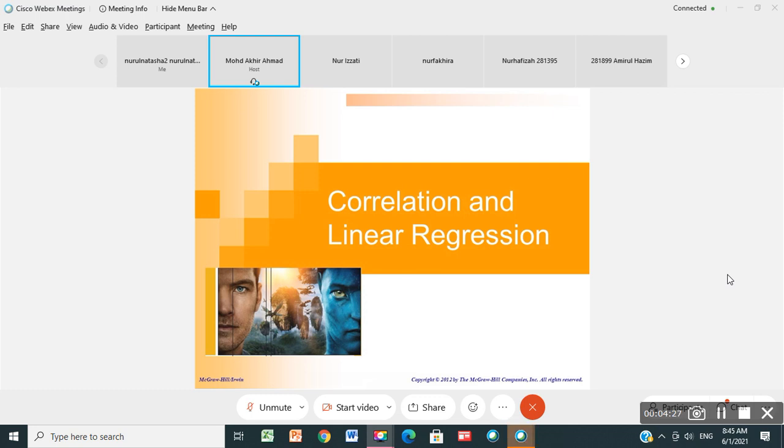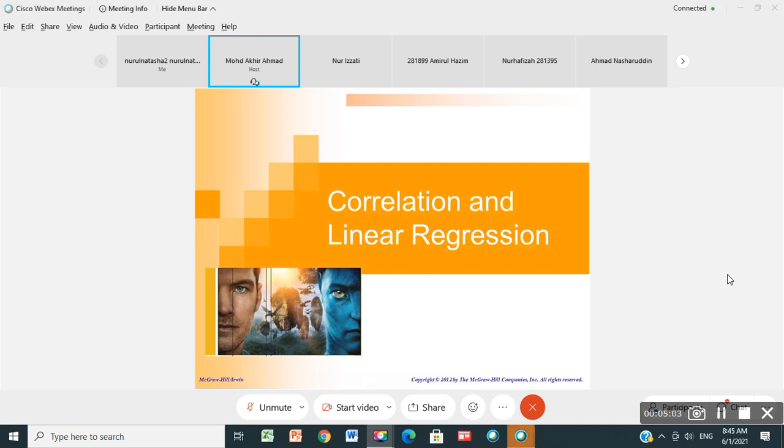Okay, we learned about the correlation and linear regression. Then in the last topic, what is regression and linear regression? This one is about relationship between our IV, independent variable, and dependent variable. I mean, we have the group data of X and we have the group data of Y. So relationship between X of the group data and Y of group data is measured by correlation and linear regression.